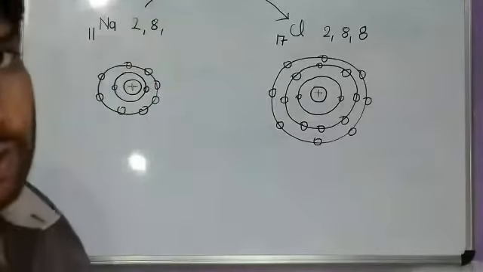So the configuration of chlorine is 2 8 8 and of Na is 2 8 only.